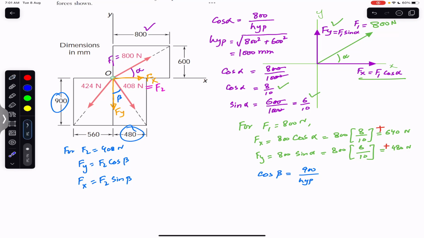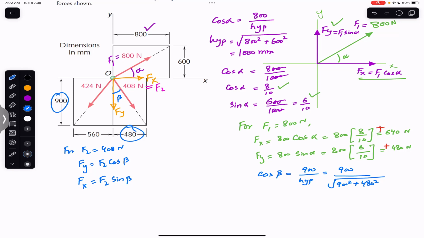Now this diagonal will be the hypotenuse for this right angle triangle. Again, we can use the Pythagoras theorem to find the length of this hypotenuse. So that will be 900 square plus 480 square under the square root. So we can write that cos of beta will be 900 divided by 900 square plus 480 square under the square root.